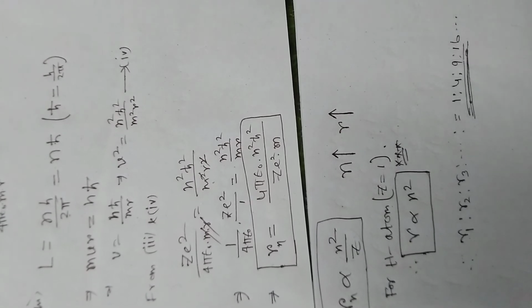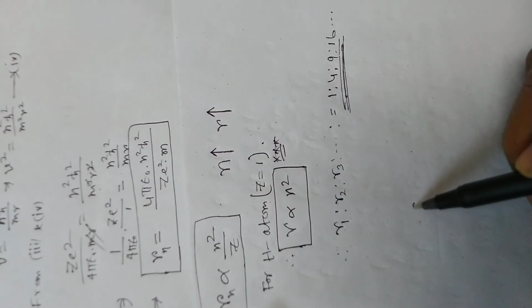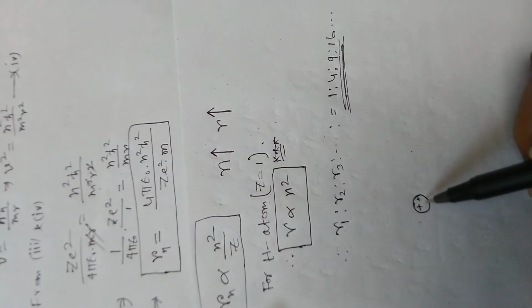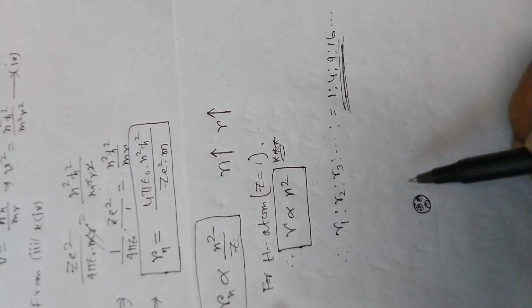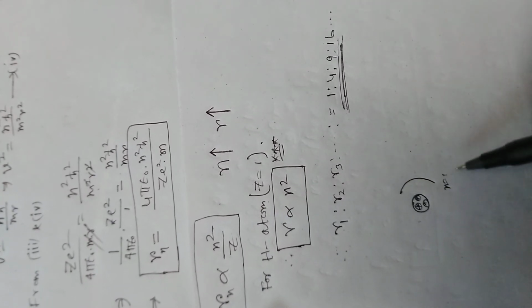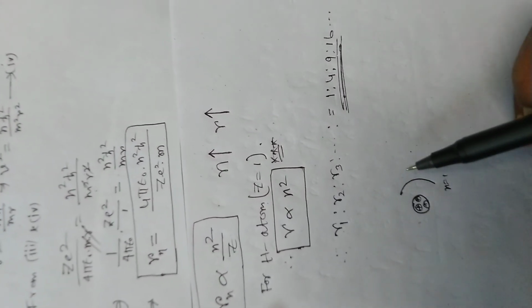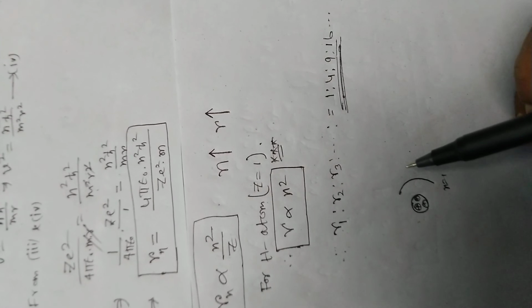If we want to draw, suppose this is our positive nucleus. If this is the first Bohr orbit, n equal to 1, the second one will be 4 times larger. You must know how to draw this.